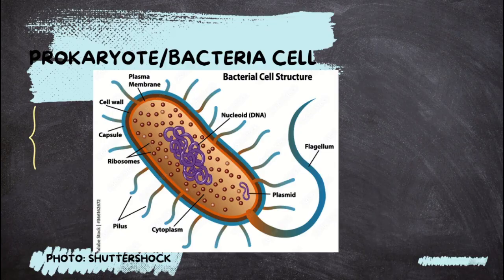Now, the main event of this cell is the fact that it does not have a nucleus, right? That is why we don't consider it to be a eukaryote. It falls under a prokaryote. So within this bacterial cell, what we're going to find is actually a nucleoid. A nucleoid is basically the bacteria's DNA.